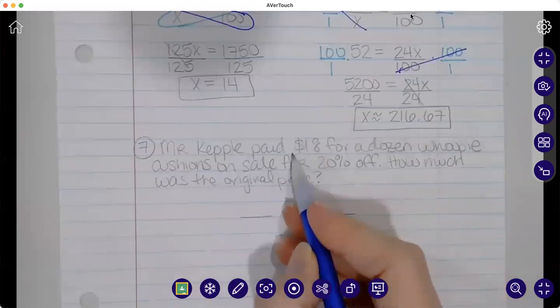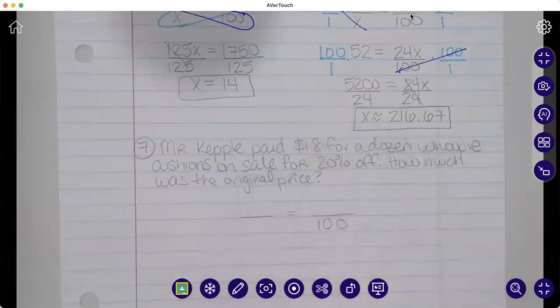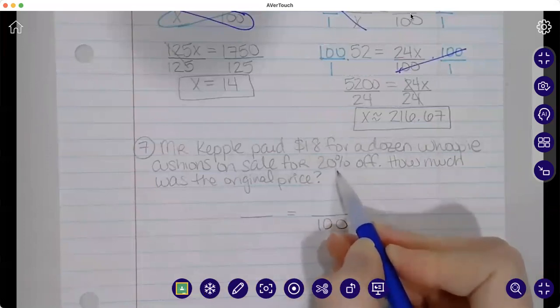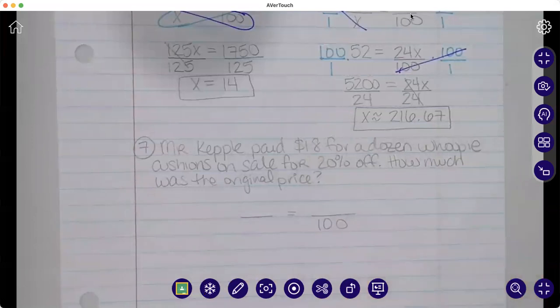So we do know the $18 is important. And then we know there's a sale of 20% off. How much was the original price that he paid? So we can go about this two different ways, actually. We can go about it figuring out what 20% off of the original price was, or we could figure it out a slightly different way.